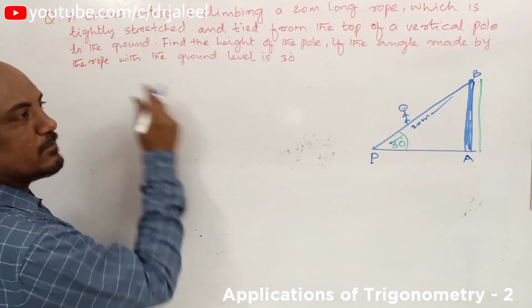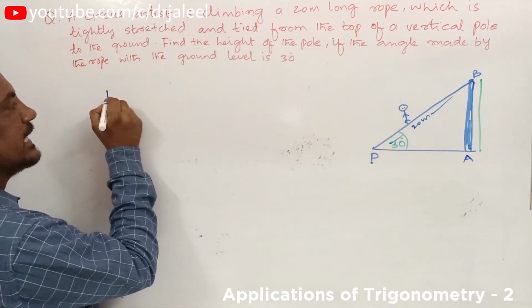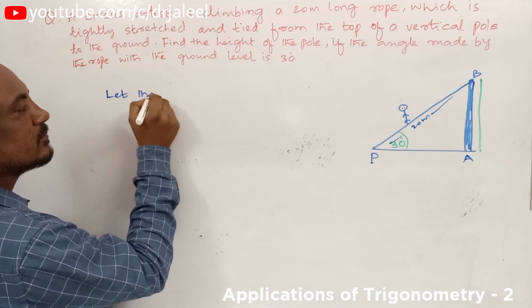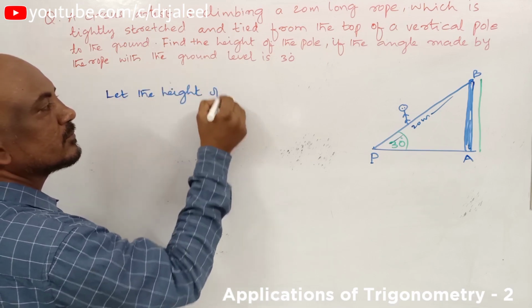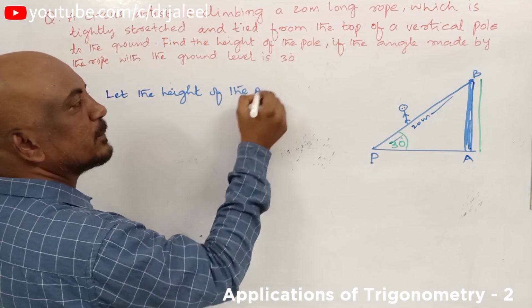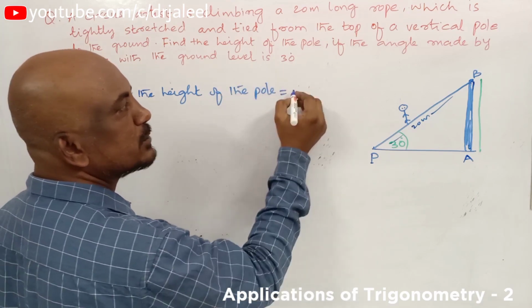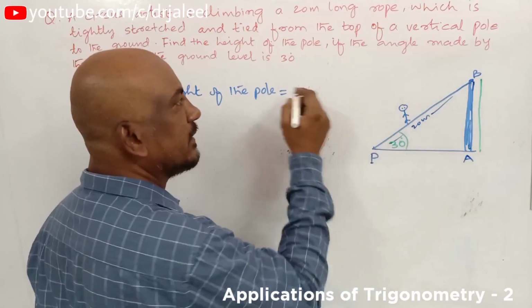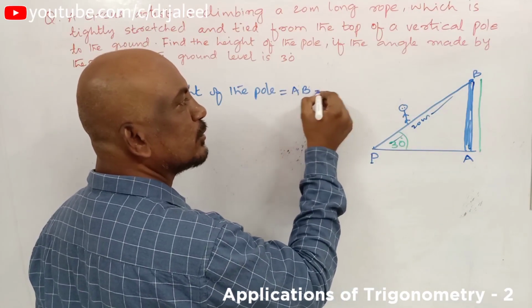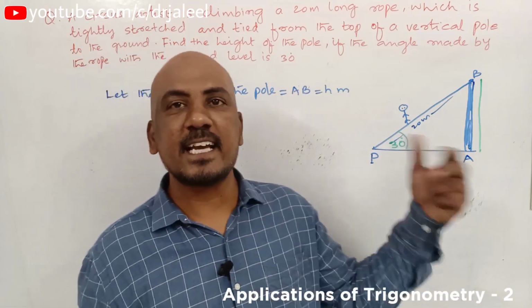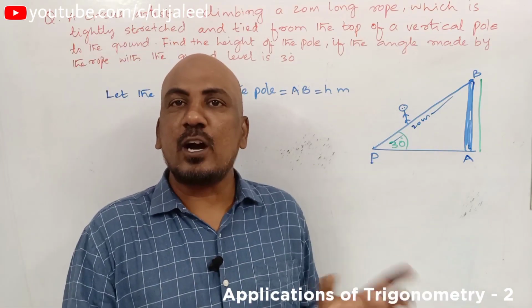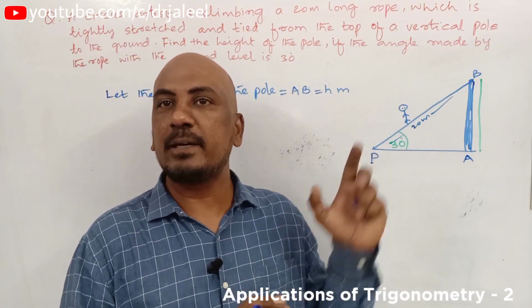So what do you write first? Height of the pole. Let the height of the pole be equal to how much? AB is a label. So you don't know it. Sometimes in some textbooks you will find it as H. You can take it or you can leave it as the label AB also.